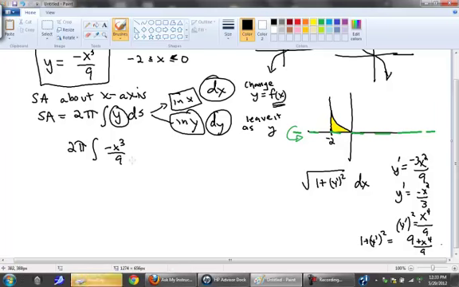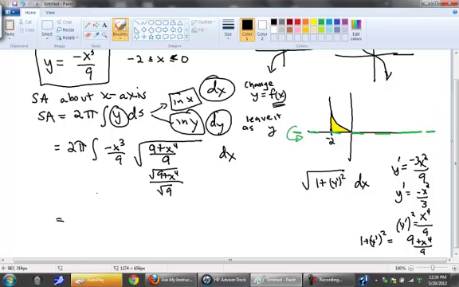And so we take the square root of that, which is going to be the root of the numerator divided by the root of the denominator. And so all in all, here's what we're looking at.